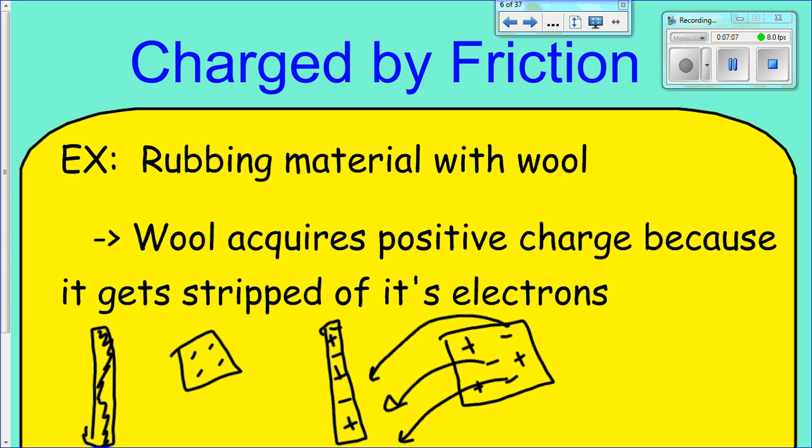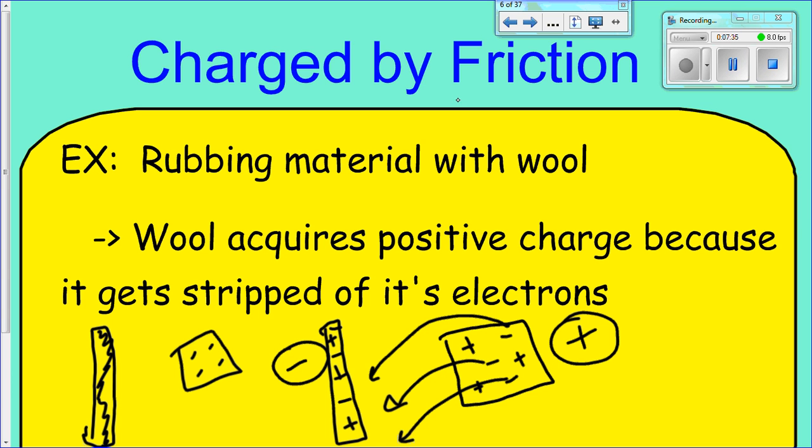And intuitively at the same time, that creates a charge. And so when it loses those electrons, your wool now has a net charge that is positive because it has lost those electrons that made it neutral. And if the wool becomes positive, then the rubber rod now is negative because it has an excess of negative charges. And so that is what happens when you rub a material with wool.